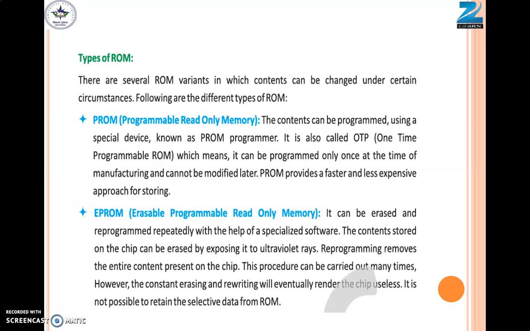This procedure can be carried out many times. However, the constant erasing and rewriting will eventually render the chip useless. It is not possible to retain selective data from the ROM. So in EPROM, totally we have to erase all the data from the ROM and reprogram it. We can reprogram it as many times as we want, but it may damage the ROM also.